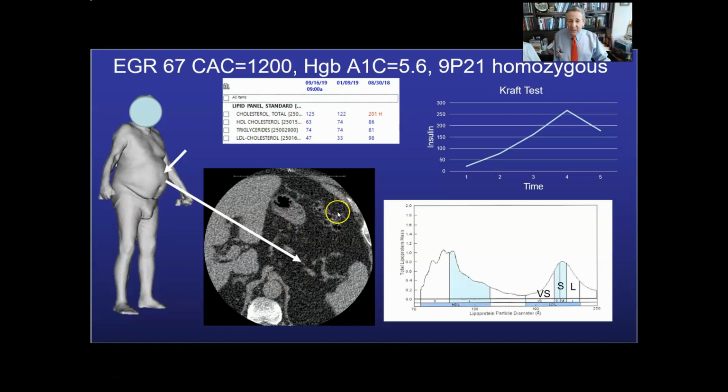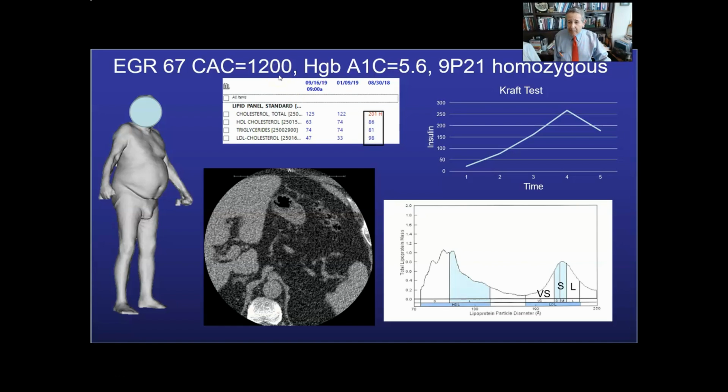And with this visceral fat, his baseline total cholesterol, LDL, triglycerides, this was without treatment, were really unremarkable. And he actually saw a specialist who told him everything was fine. Well, he was sent to me by a referring doctor who did a calcium score, and it was 1200.